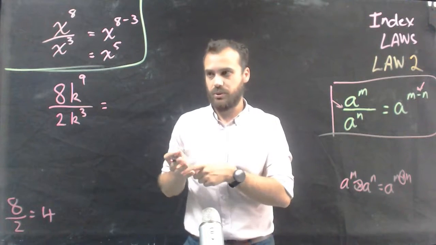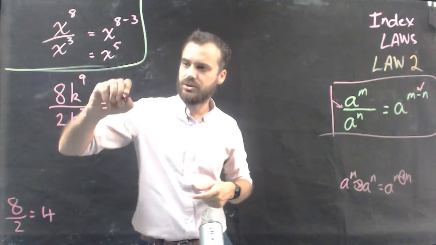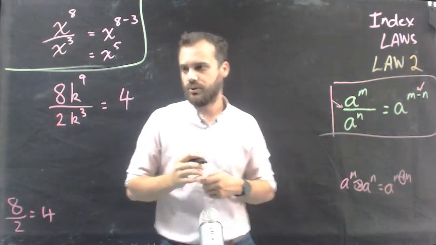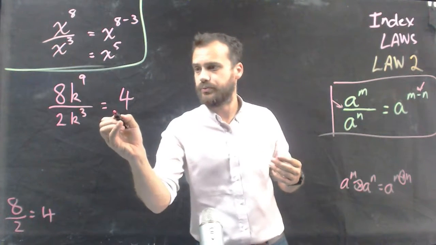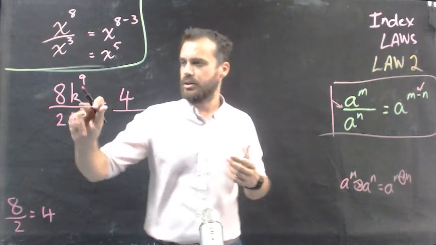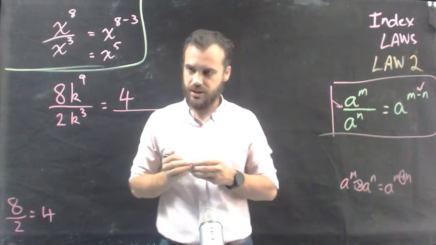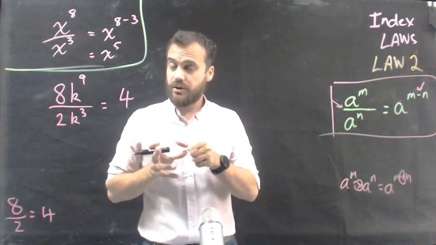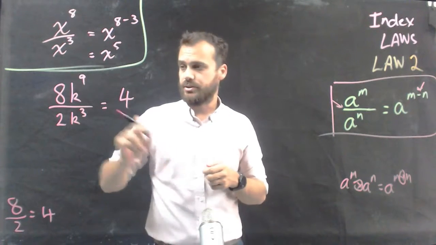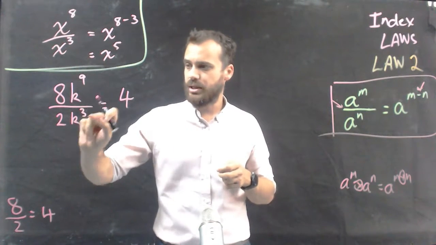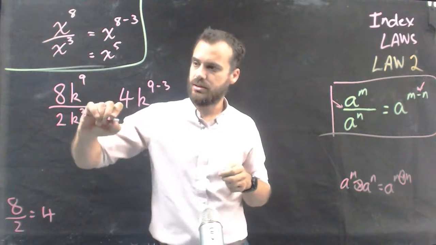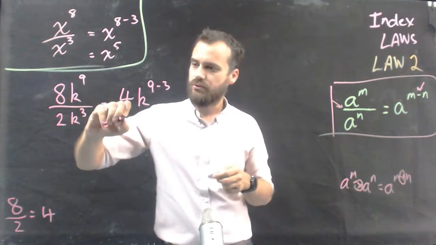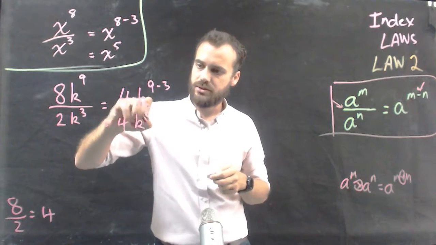And that's exactly what we can do here. 8 divided by 2 is equal to 4, or we can write 4 over 1, whatever. Now, the k to the 9, k to the 3, we just use our index law. So, k to the 9 divided by k to the 3 is equal to k to the 9 minus 3, is equal to 4k to the 6.